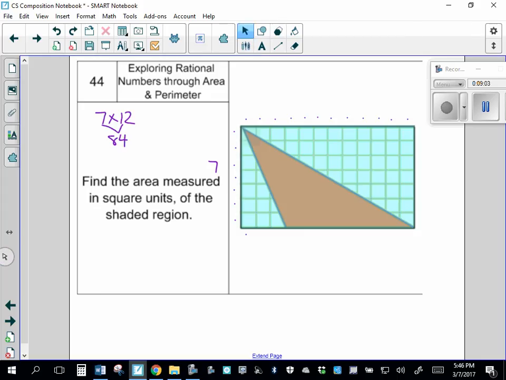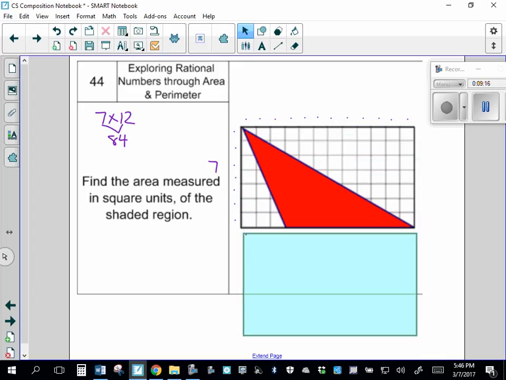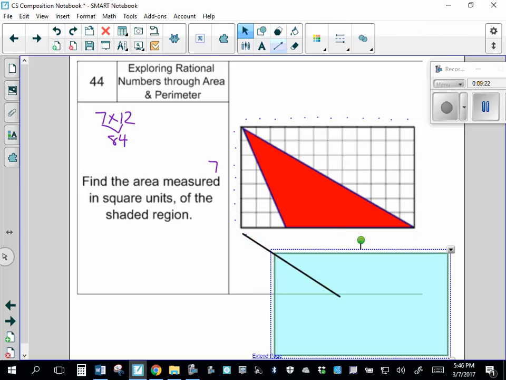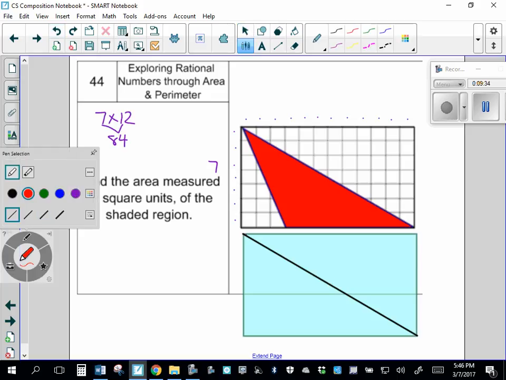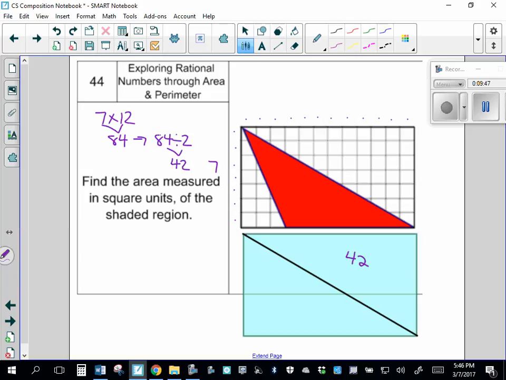So when you look at that rectangle, if I pull it down here and draw a line from one corner to the opposite corner, I just divided that rectangle in half, and so the top half has to be 42, because if I divide 84 by 2, I get 42. So I know this is 42.